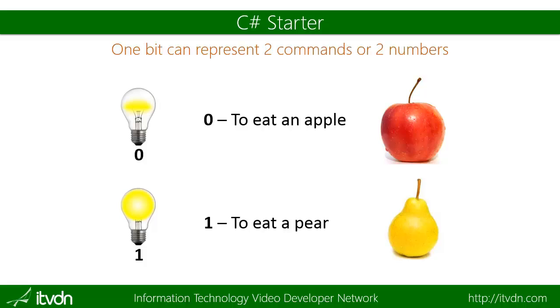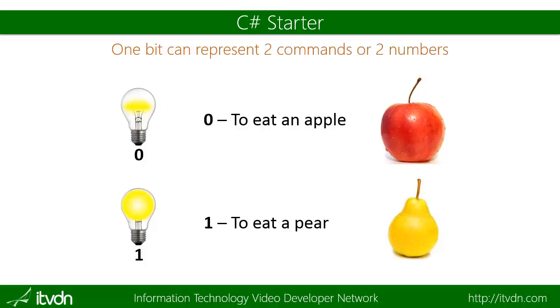Now, in our previous slide, I told you that a bit can have two values. It can be 0 or 1, and we agreed that a partially glowing bulb represents 0 and a fully glowing bulb represents 1. Now let me just tell you something else. If, for example, we have two rooms, and in one room we have a light bulb, in the second room we have two switches.